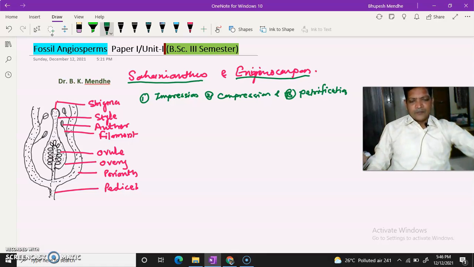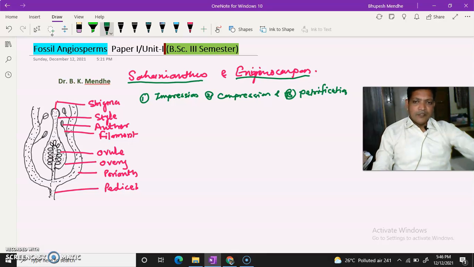You must know what the role of fossils is. Fossils are very useful and important to trace the evolutionary history of any plants, whether it may be pteridophyte, gymnosperm or angiosperm.